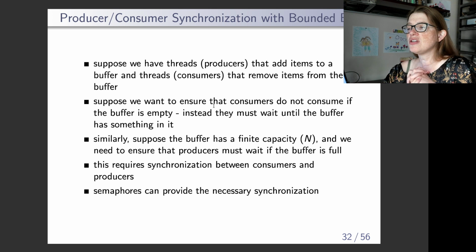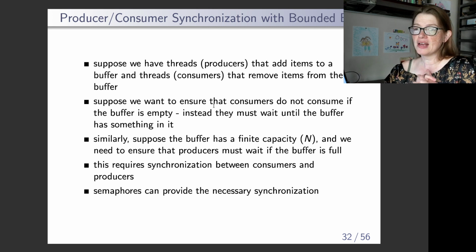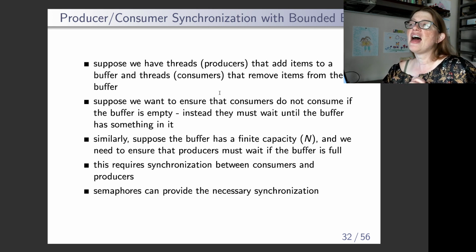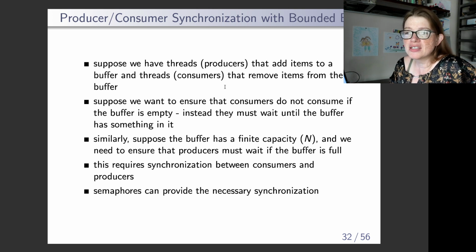So essentially what you've got is some kind of bounded buffer, and you've got some threads which are producing items for the buffer and some threads which are going to consume items from the buffer. You can think of it this way. Suppose you are a bake shop, and in your bake shop you have only so much room in your display cabinets for cupcakes.